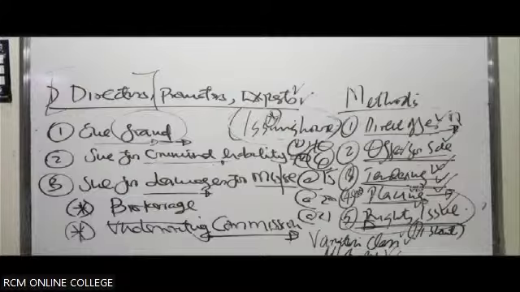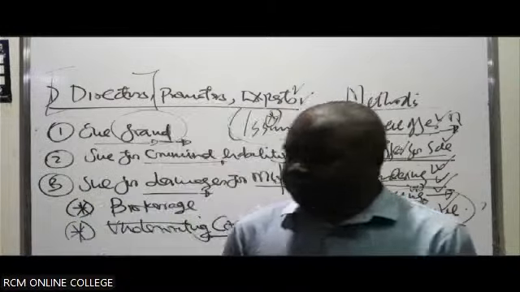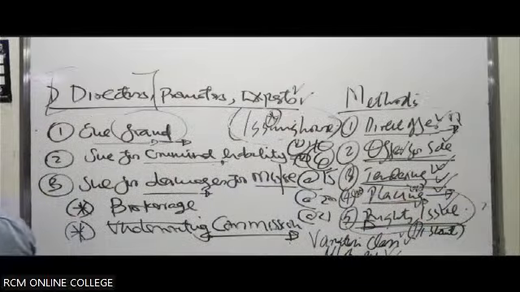Doris, I've unmuted you. All right, thank you. My quiz is based on the methods of issuing shares. Among the methods of issuing shares, number 2 is offer for sale.